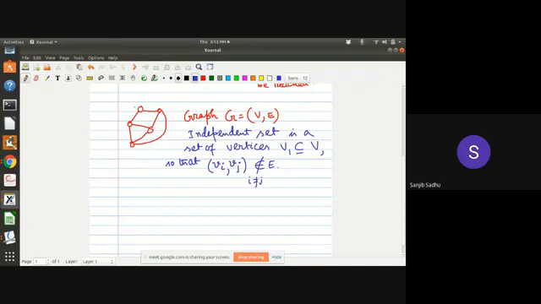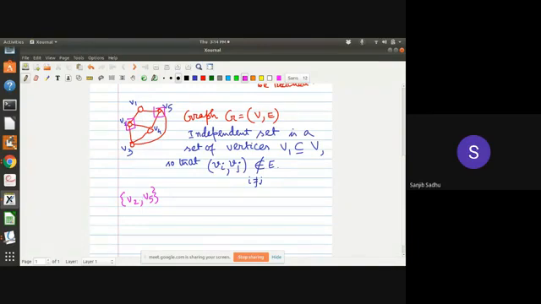For example, here suppose I am writing like this: V1, V2, V3, V4, V5. Now here, if I choose this vertex V2, then I can choose V5, because V2 and V5 are not connected, so they form an independent set.